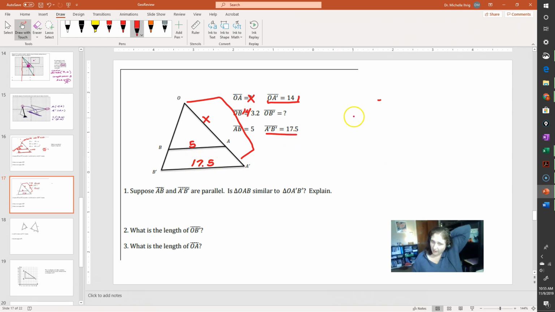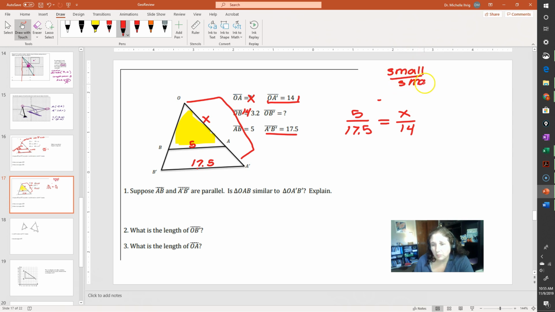So really, all you need to do is just make sure you map it up. So I'm going to have the yellow triangle be my original. So I'm just going to match up 5 over 17.5, and that has to match up to X over 14. Some people I've seen, when they do triangles, they do small over small equals the medium over the medium equals the large over the large.